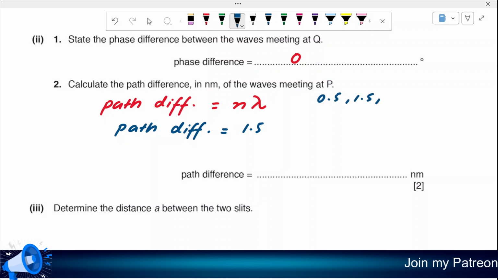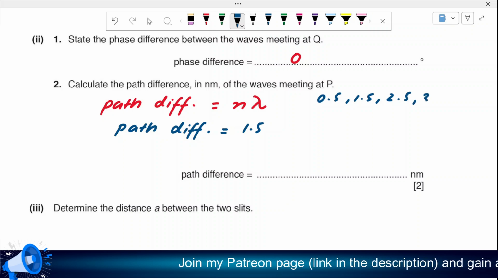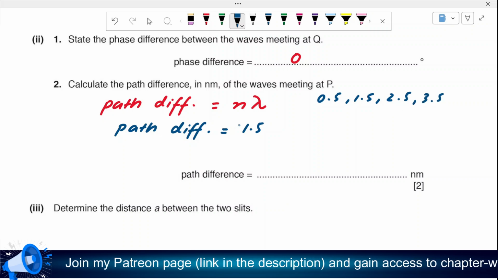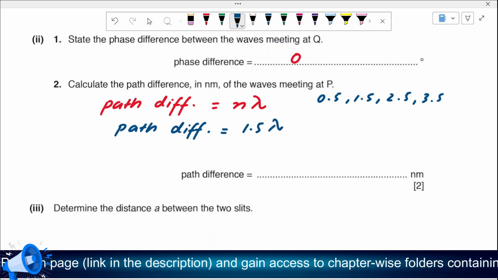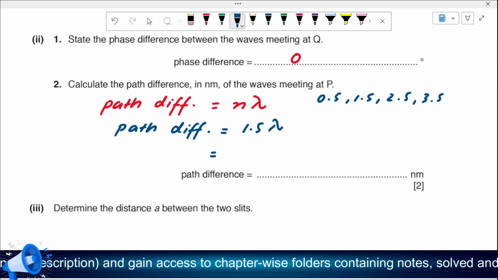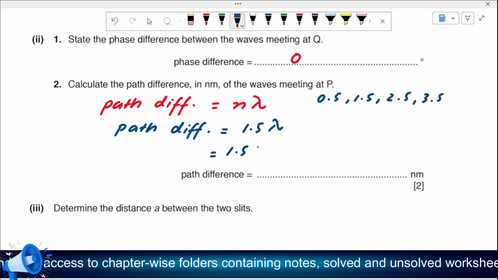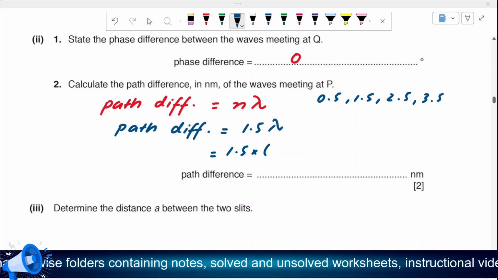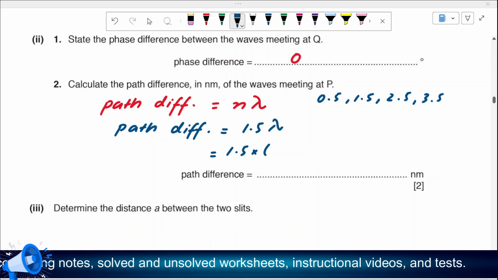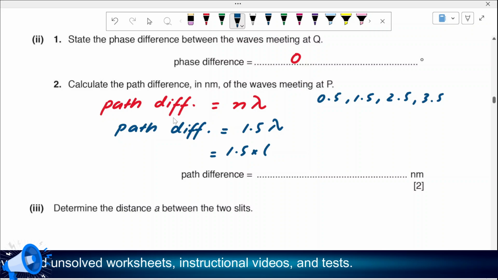Remember this, at the first destructive interference, value of n is 0.5. At the second destructive interference, value of n is 1.5, and so on. So 1.5 times, do we have the value of the wavelength? Now we gotta find the wavelength also.